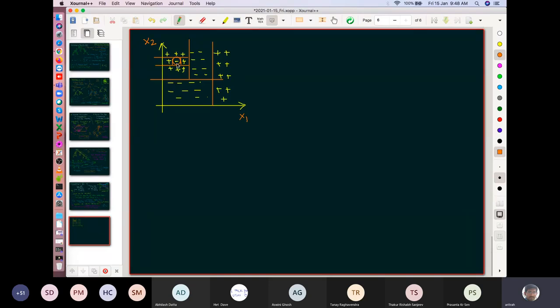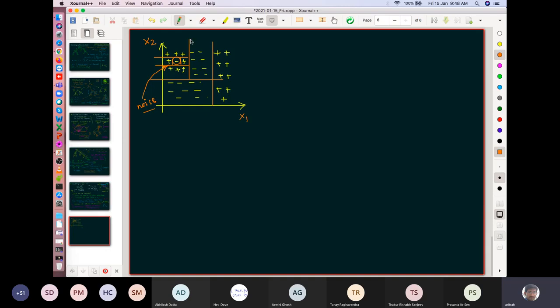Because maybe this particular data that we are trying to eliminate by fitting is noise. So if you build a decision tree by overfitting such a thing, since it's noise and not an actual answer, maybe the test data do not want this whole region to be positive and this one to be negative. So you cannot generalize well.